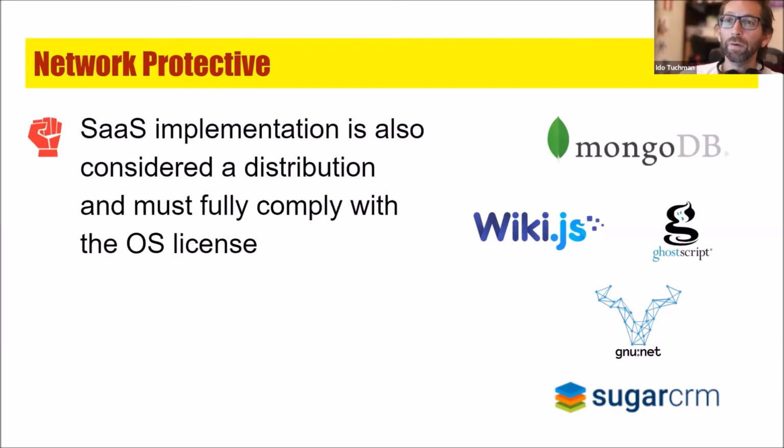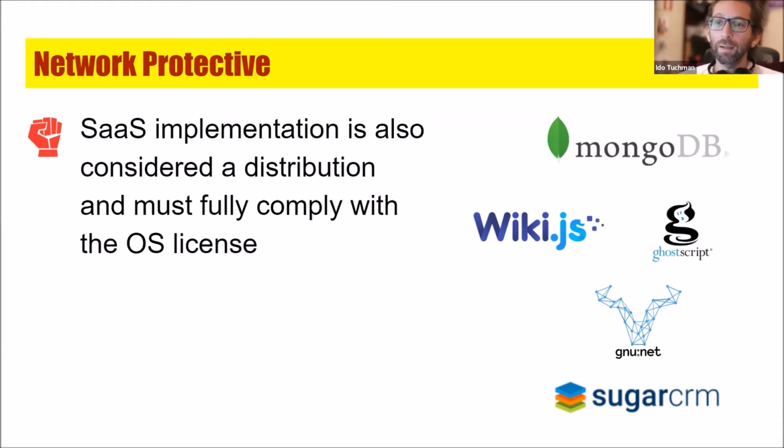For a company like MongoDB, which is a database network service, it doesn't make sense to release their code under an open source license and then have somebody take that source code, create a competing service, and never release it. So they came up with another, more protective open source license called a network protective license.